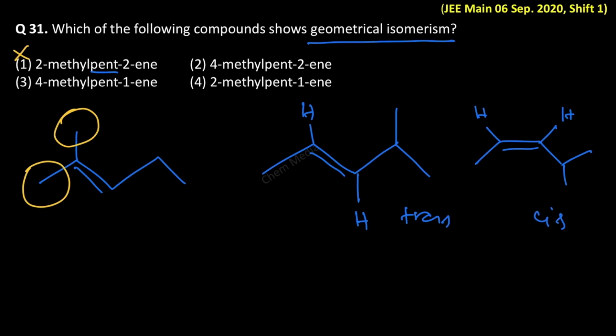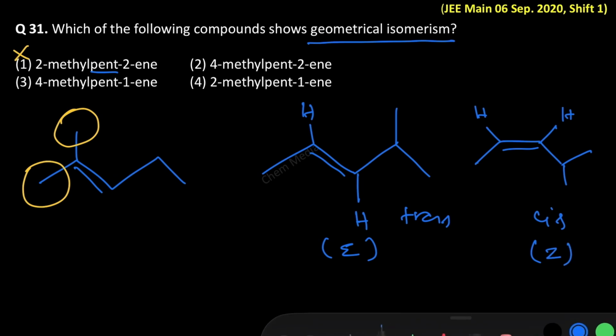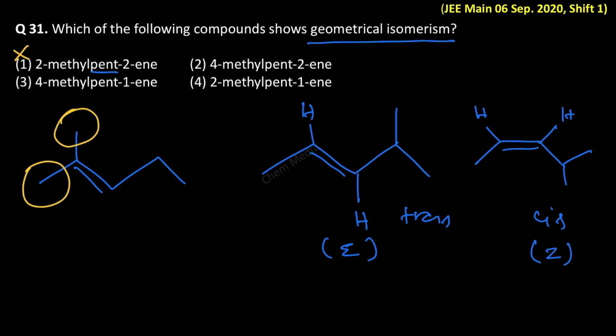We can also assign EZ notation for this. If we are following EZ notation, then this would be E isomer and this would be Z isomer, because as per Cahn-Ingold-Prelog rules, higher priority comes to carbon.